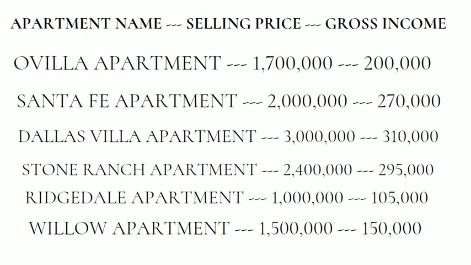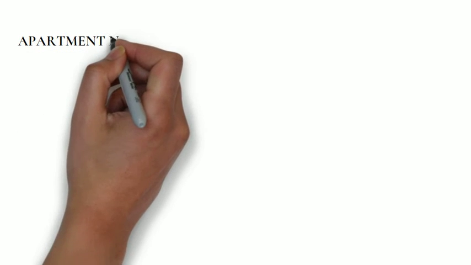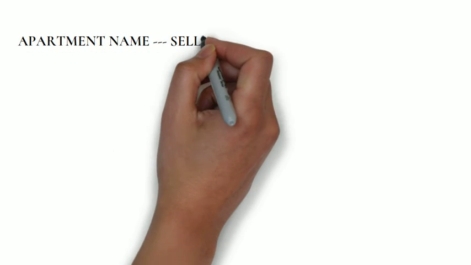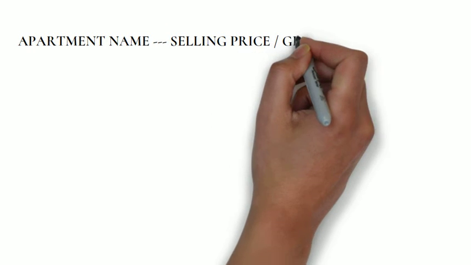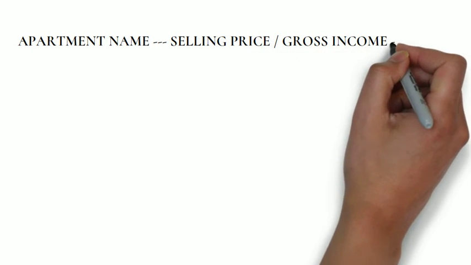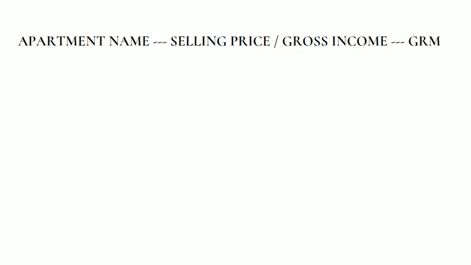Now let's consider a second table, in which we will calculate the gross rent multiplier from the above value table. This second table also consists of 3 columns: the apartment name, the second column being the selling price divided by the gross income, and the third column consisting of the gross rent multiplier after being calculated.